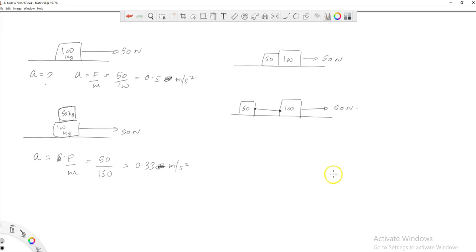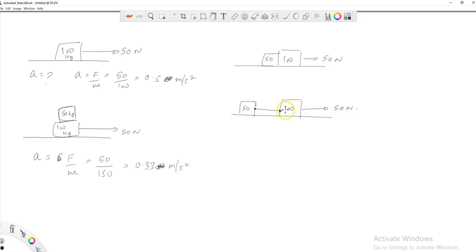Now what's the acceleration? These two are connected by a string. It's, I would say, a stiff or a rigid string, means it doesn't stretch. If this first box moves, the second box is going to move with it, right? It's not going to go with a different speed because the string is not elastic. It doesn't change the length.